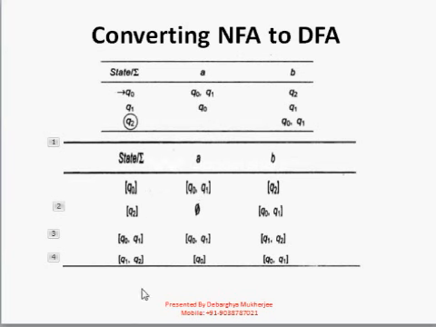Now if we apply A over Q1, then we are getting Q0. Okay, and if we apply A over Q2, there is nothing, so only Q0 will be there. Now this is not a new state. And if we apply B over Q1, then we are getting Q1, write it down.